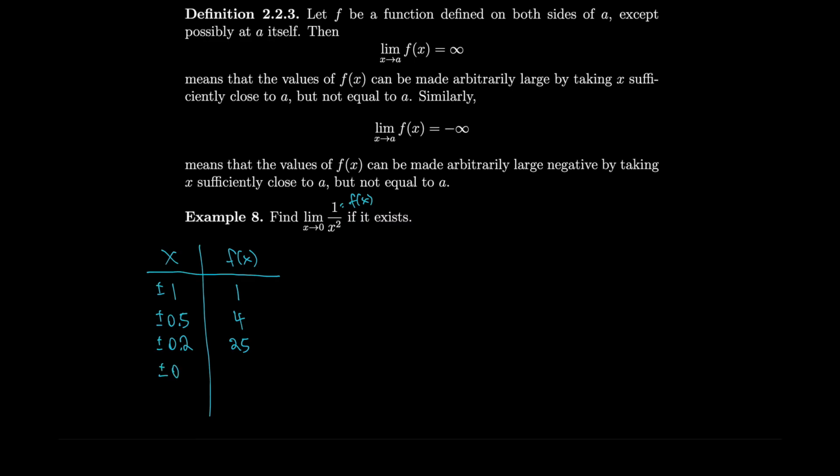Plus or minus 0.1, that's 100. At plus or minus 0.05, that's 400. At plus or minus 0.01, that's 10,000. And at plus or minus 0.001, that's 1,000,000.